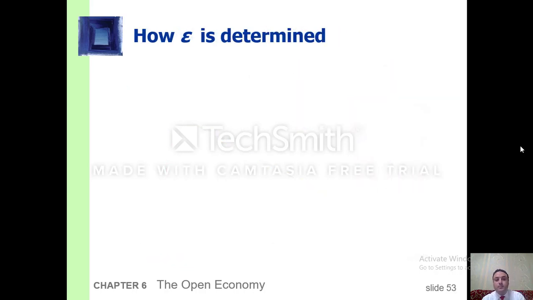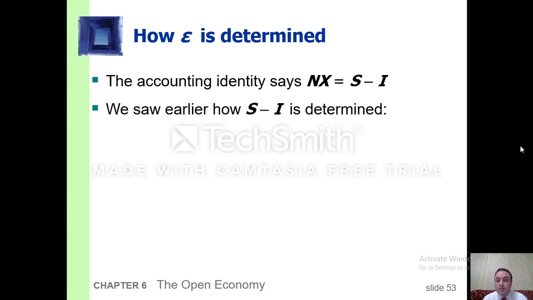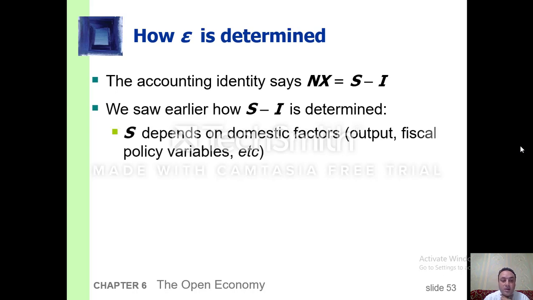So we saw now how the real exchange rate determines the net exports, but how is the real exchange rate itself determined? The accounting identity says that the net exports equals the saving minus the investment. We saw earlier how saving minus investment is determined.